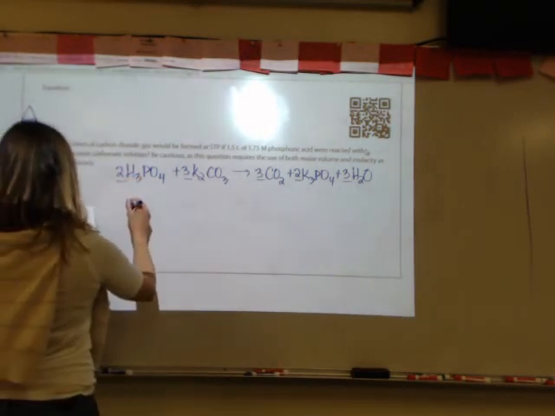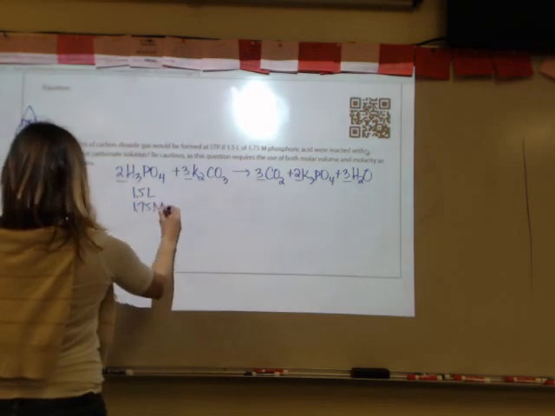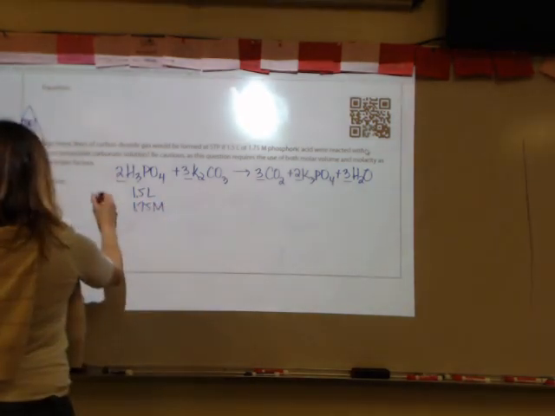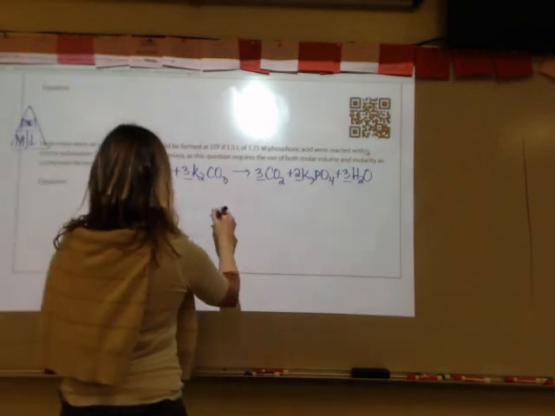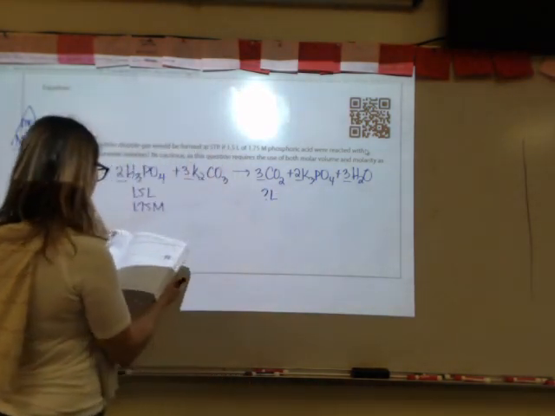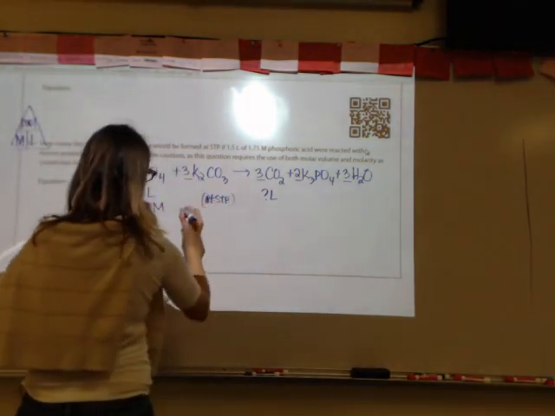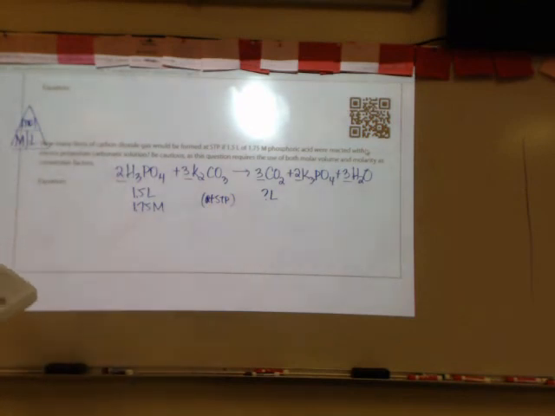So we've got 1.5 liters and 1.75 molarity of phosphoric acid, and we have to know liters of carbon dioxide gas. And they told us that we are at STP, so we can use 22.4 liters per mole if needed.